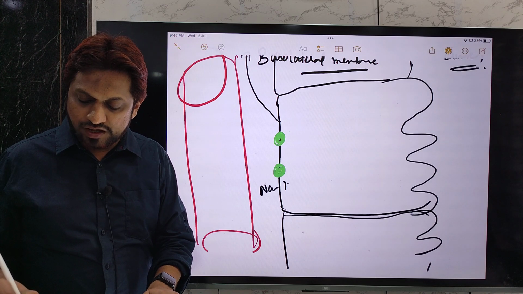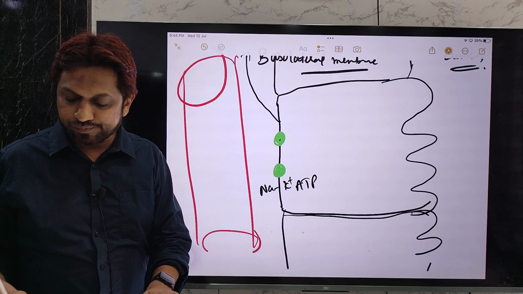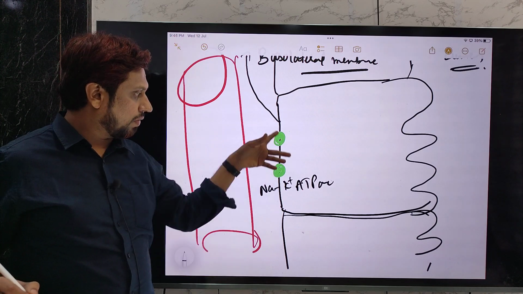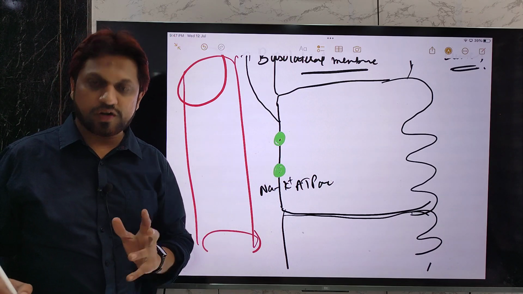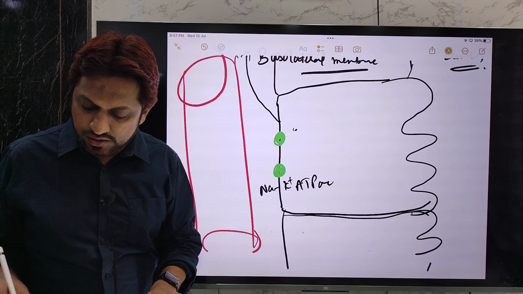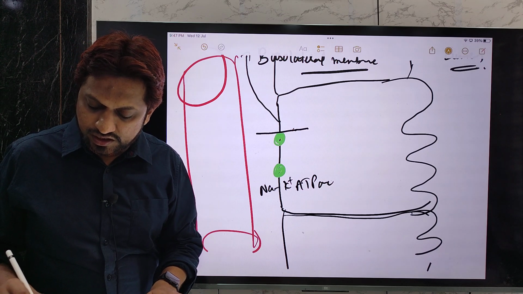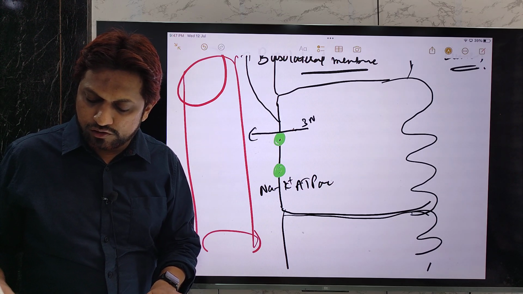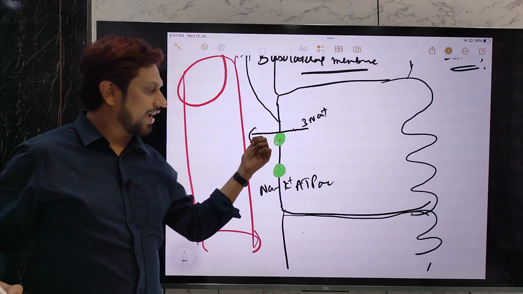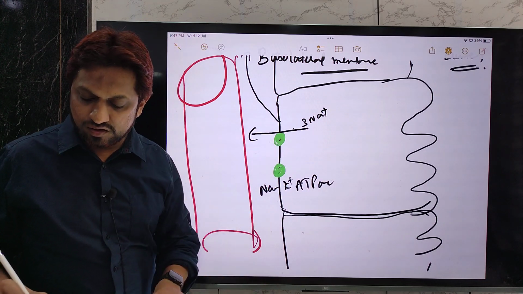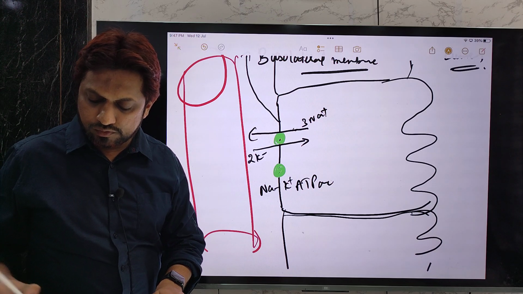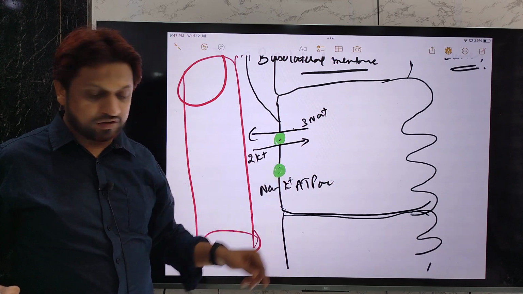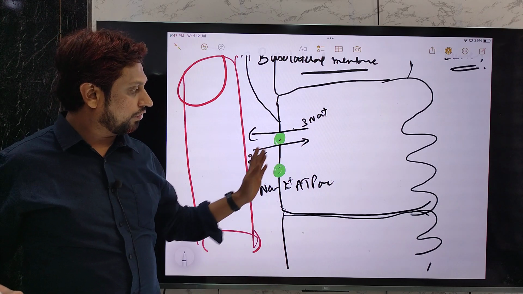These transporters I have marked with green color. The function of this sodium potassium pump is that it will take 3 sodium ions from inside the cell to the exterior, and in turn transfer 2 potassium ions from outside to inside.